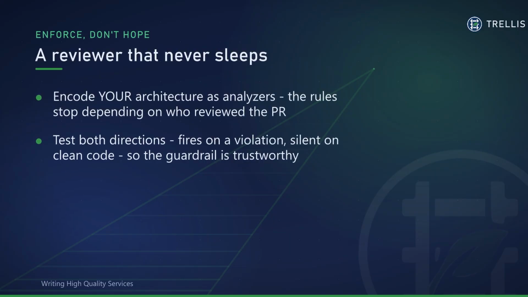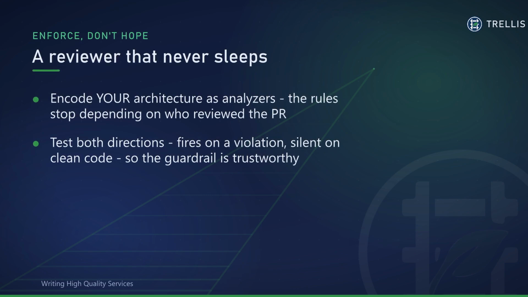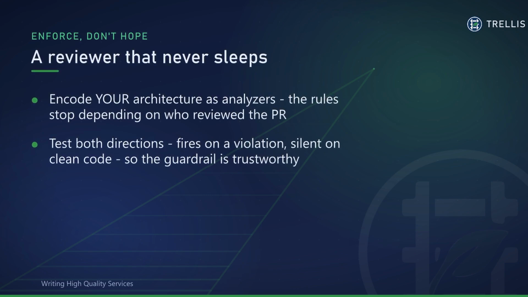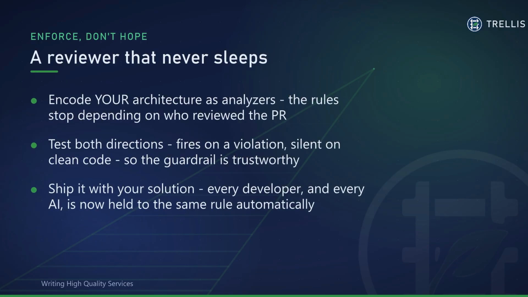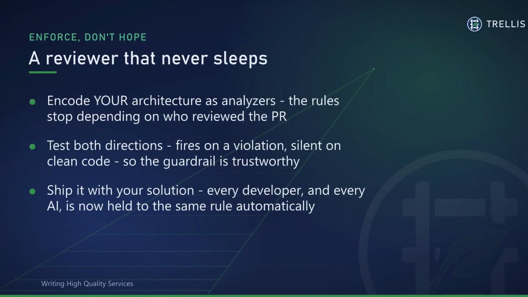It fires on a real violation, and it stays quiet on clean code. So the guardrail is trustworthy enough that nobody disables it. Ship it inside your solution, and from then on every developer and every AI assistant writing code against your repo is held to the same rule automatically. That's the dream this whole channel is built on. Compiler-enforced guardrails, including the ones you write yourself.